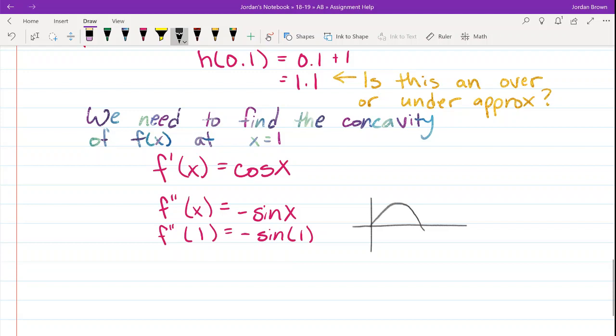And my drawing skills are a little bit lacking. So 2 pi, pi, that's like 3, 2, 1. So sine of 1 is like here. And we can see that that is positive.